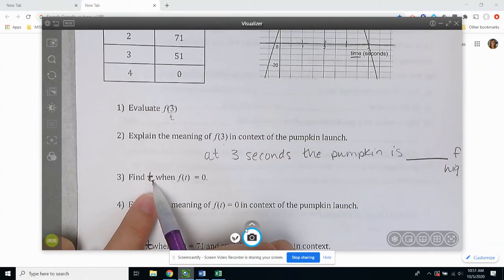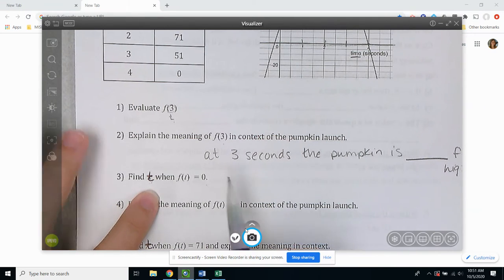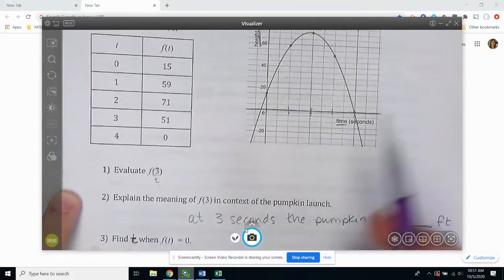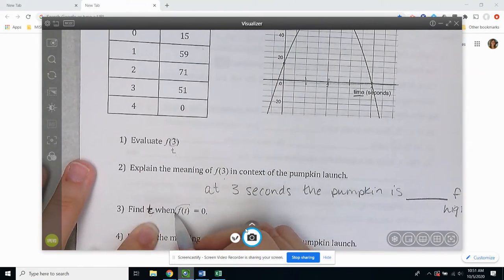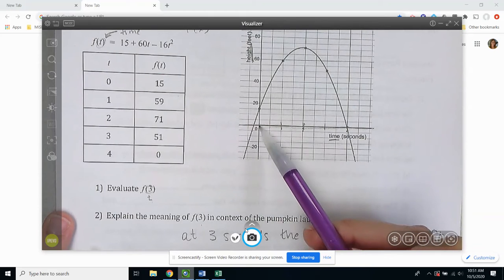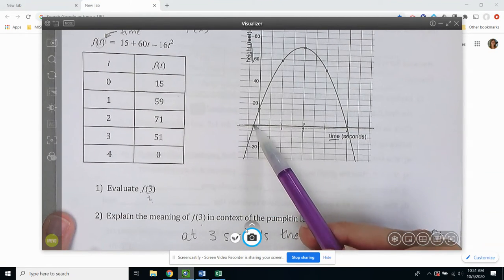This on your paper says x, that was a typo, it should be t. So this says find t when f of t equals 0. So you can go to your graph. So f of t, remember this is just y. So this is when y equals 0. So if I go this way, I will end up here.